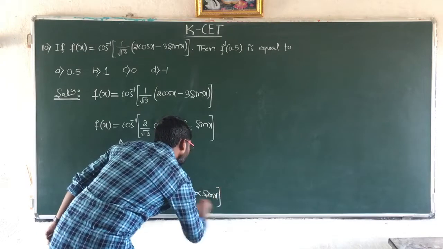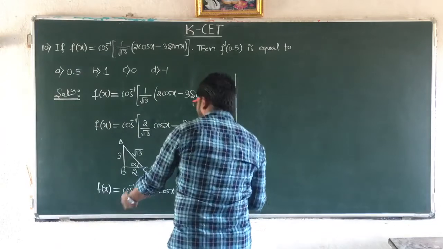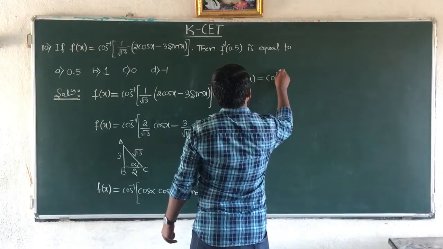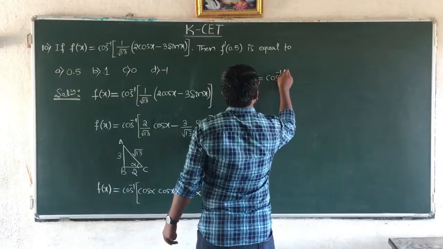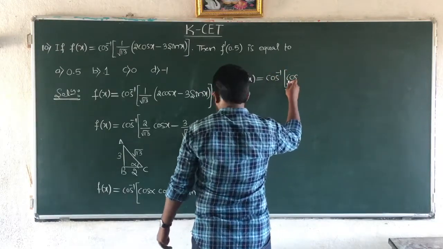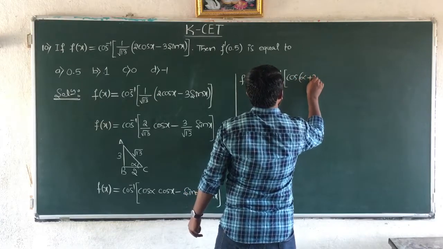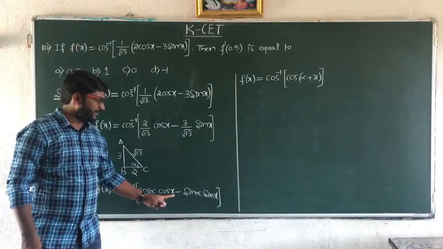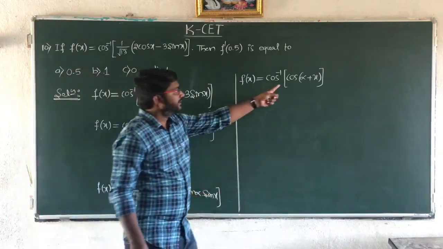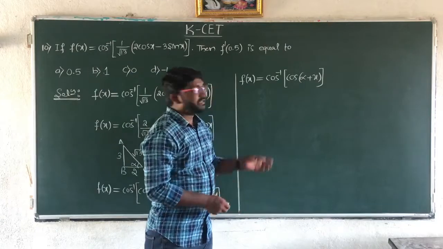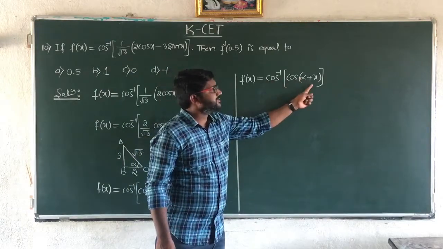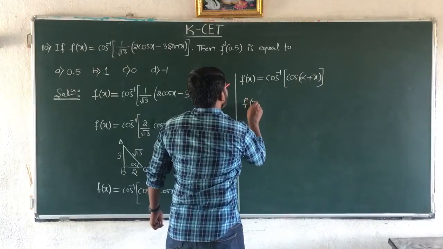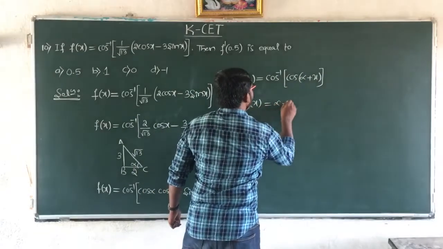Now this can be written as f of x equal to cos inverse, inside the bracket, cos of alpha plus x. Cos alpha cos x minus sin alpha sin x can be written as cos of alpha plus x. Now it is in the standard form. Cos inverse cos of anything gives that thing, so f of x is equal to alpha plus x.